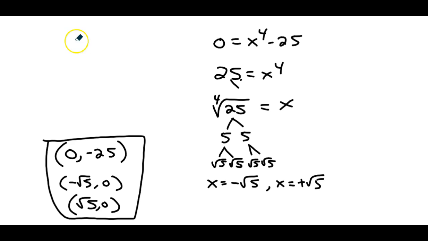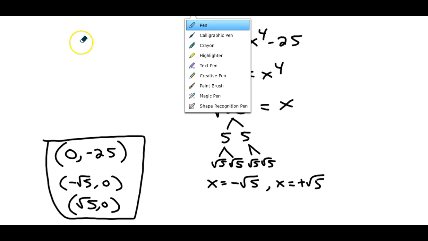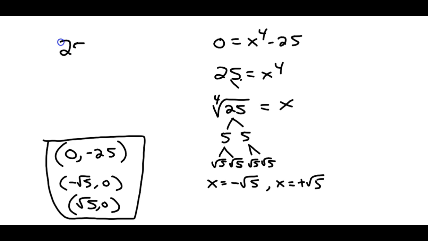Well, if we want the 4th root of 25, we can rewrite this as 25 to the 1/4. And then we know that 25 is the same thing as 5 squared. So this is equal to 5 squared, that's 25, raised to the power of 1/4.